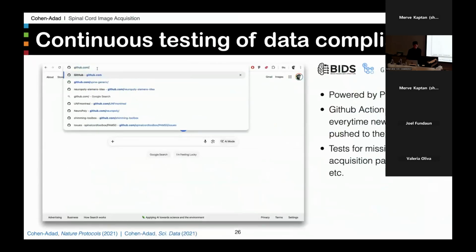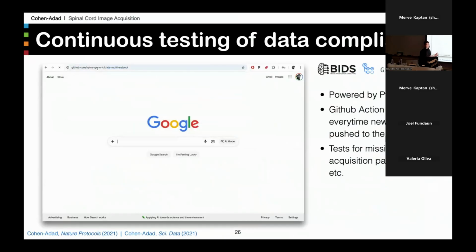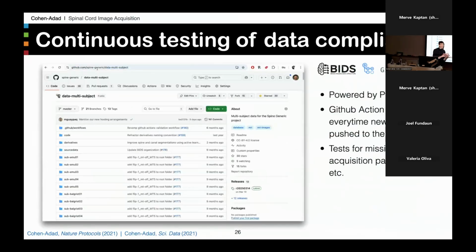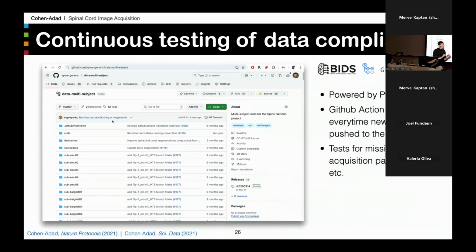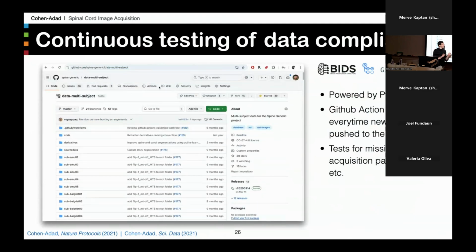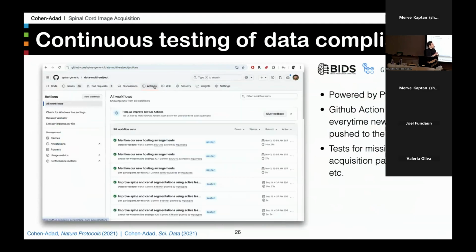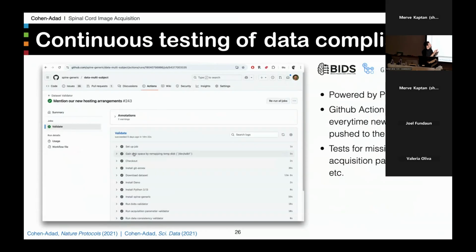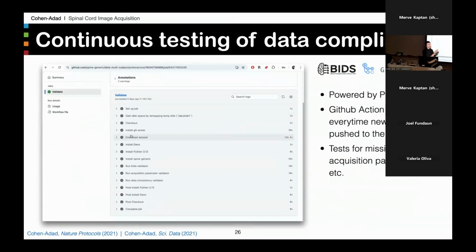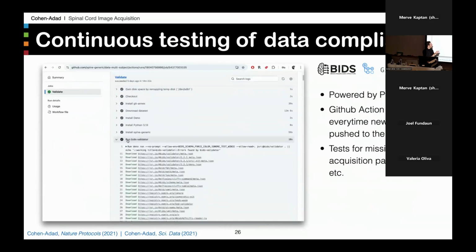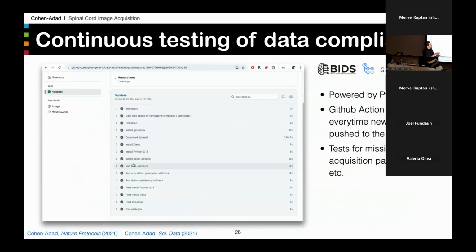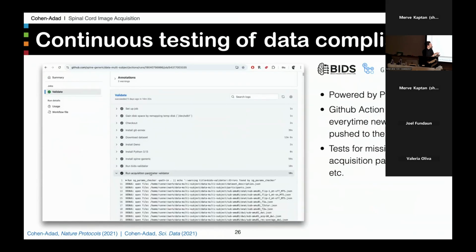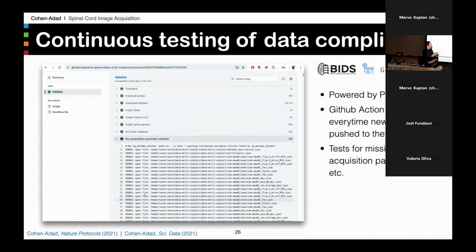I told you about the sneaky parameters that could change. If people are not careful, they might use a different TR, they might use a different flip angle or shimming. And we implemented a strategy to have a continuous integration verification of the parameters that people use to acquire those data. So BIDS has a package called PyBIDS that can validate multiple things.